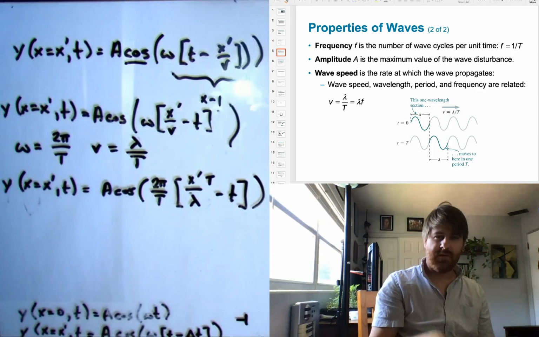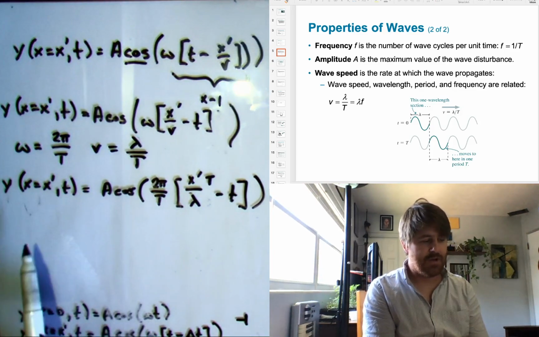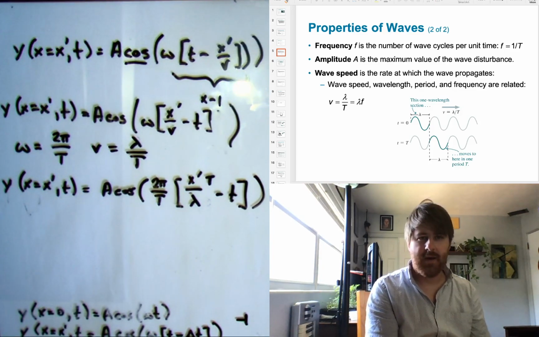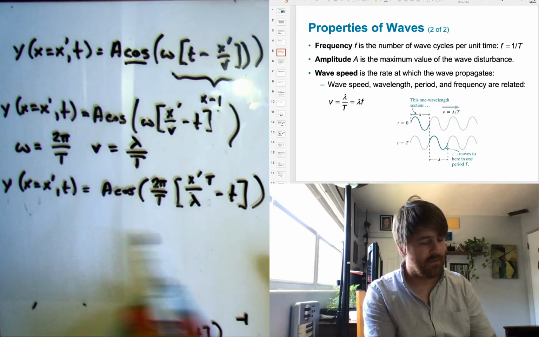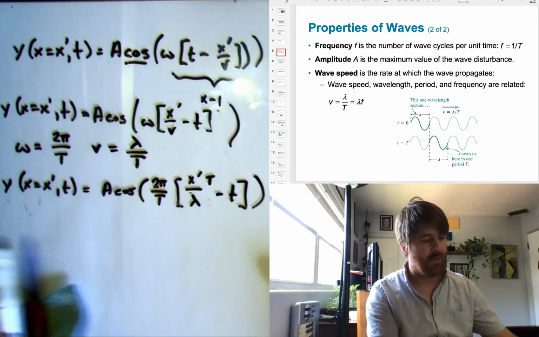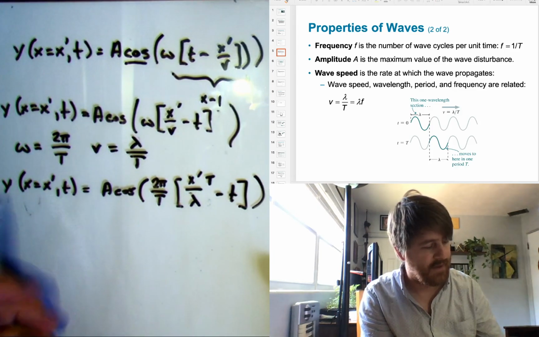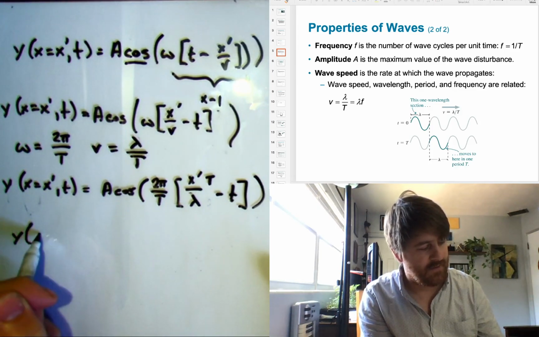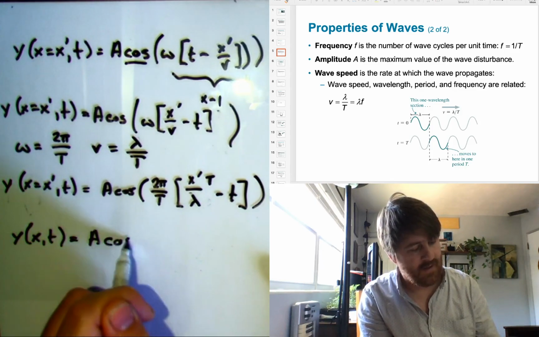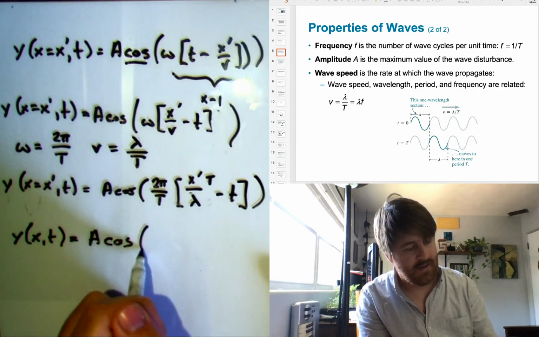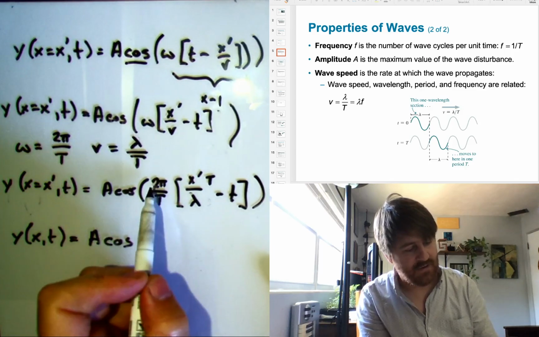Okay, so we've got our simple harmonic motion at this point x prime. Let's just say we're talking about any x. So we'll just get rid of the prime and say, what is y as a function of x and t? Y as a function of x and t is a cosine. Let's see. I've got 2 pi.